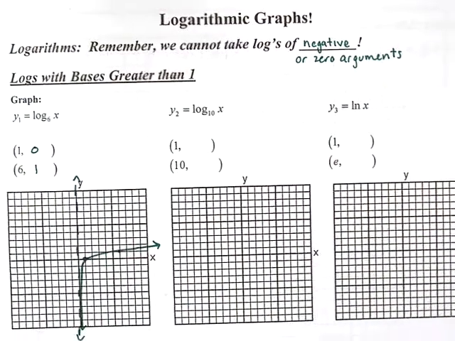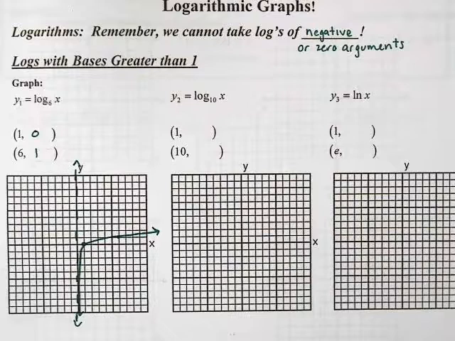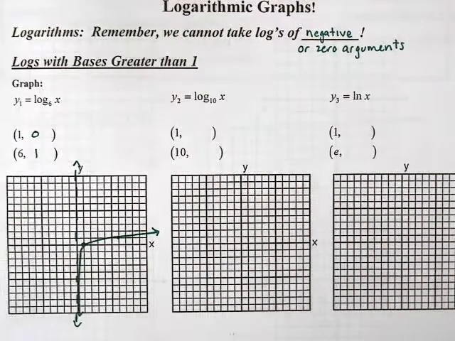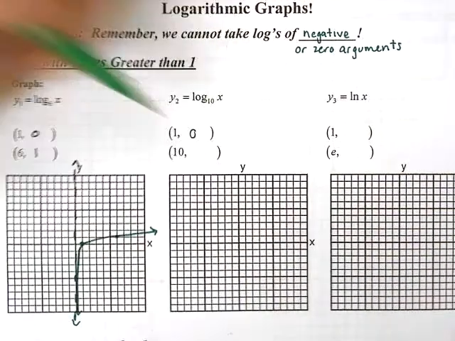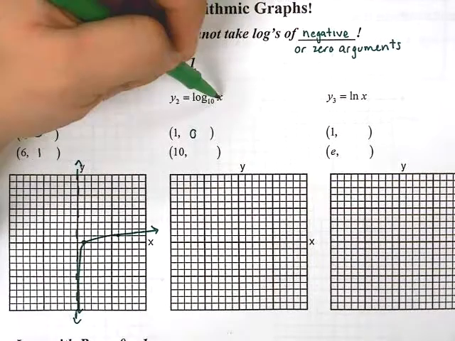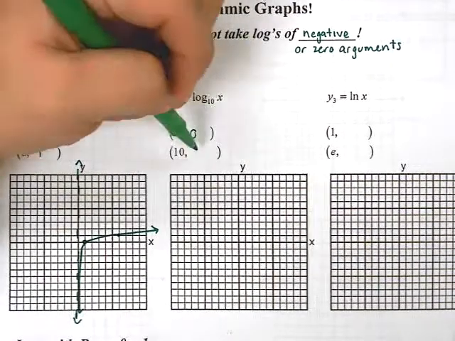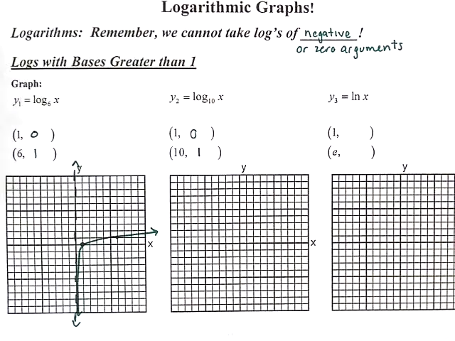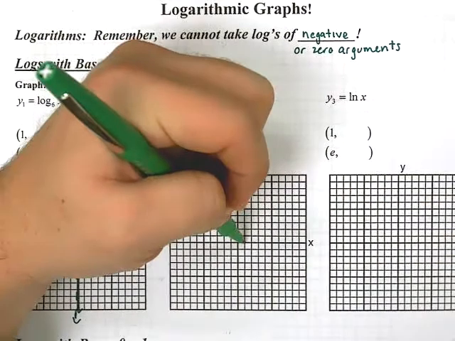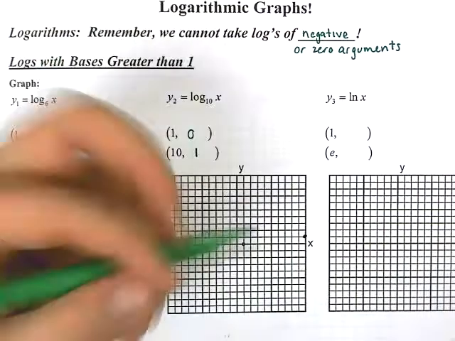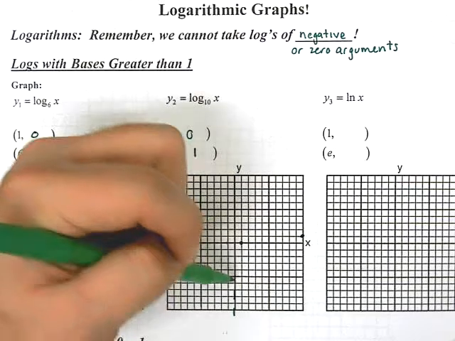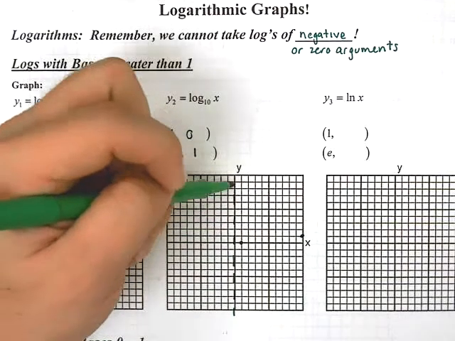Similarly, in this next one, I want to do this one the same way. Again, the points are nice to find, right? 10 to the what equals 1? 0. 10 to the what equals 10? 1. So again, I have my points. I have (1, 0), I have (10, 1), and again, I know that there is going to have to be a vertical asymptote.